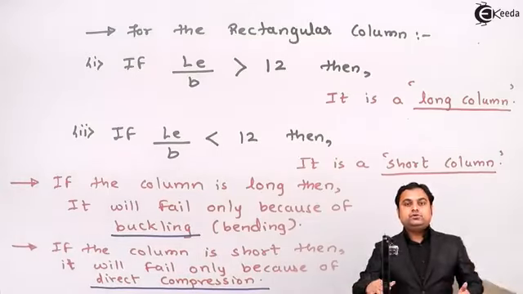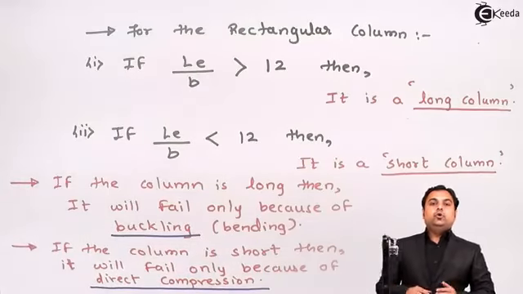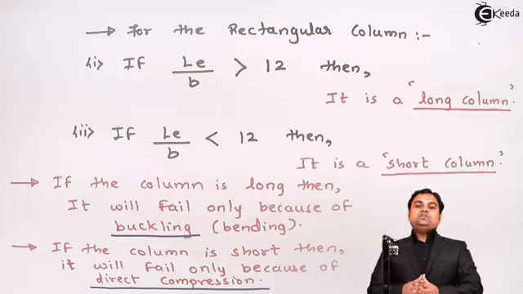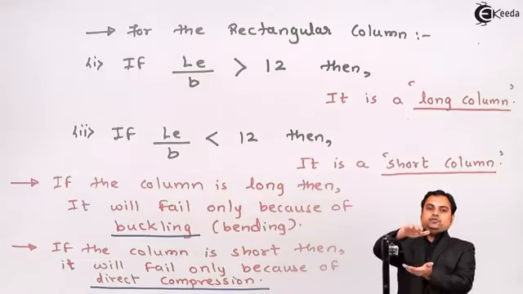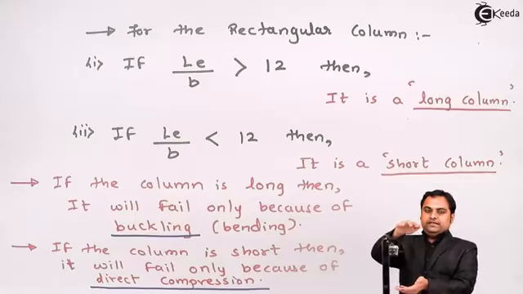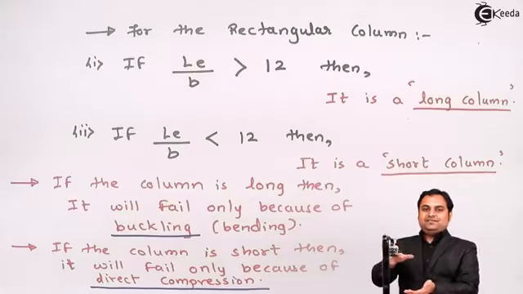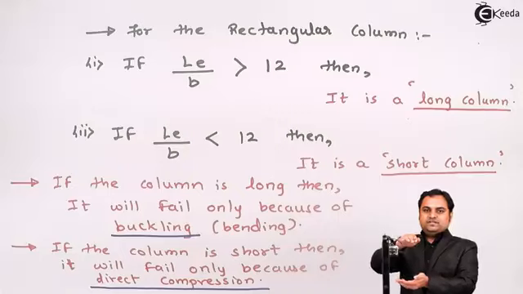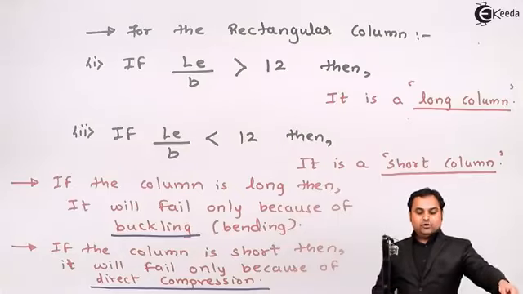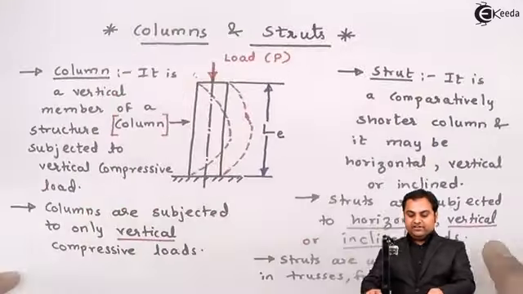So it is understood that long columns will fail only because of bending, whereas short columns will fail only because of compression. That is, the compressive load will try to decrease the length of the column and increase its diameter, that is the compressive failure, whereas in the case of long columns there is bending failure.